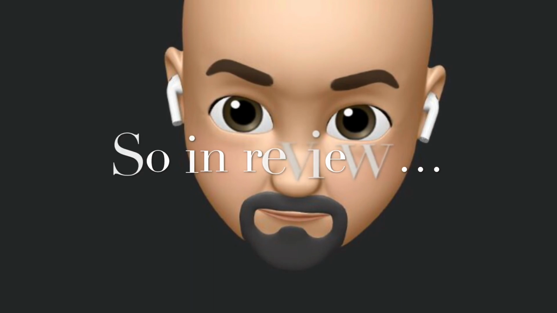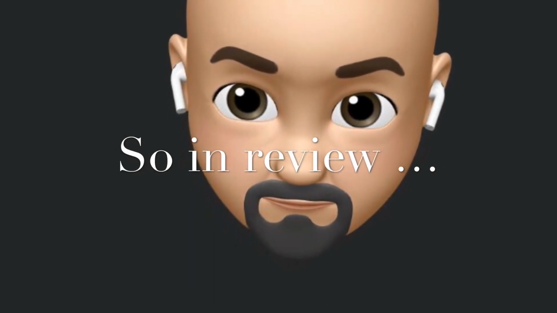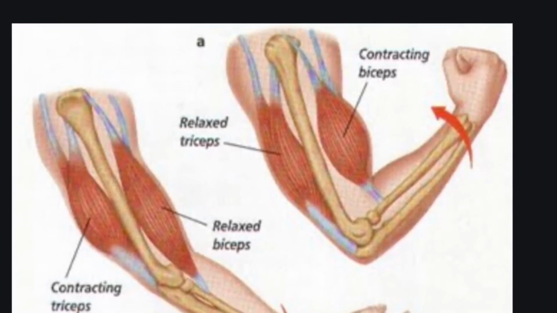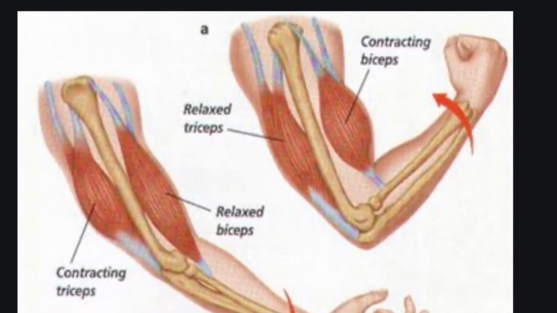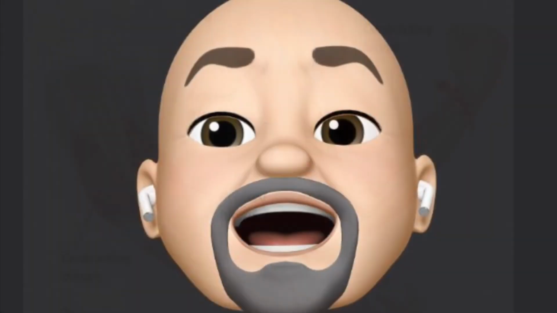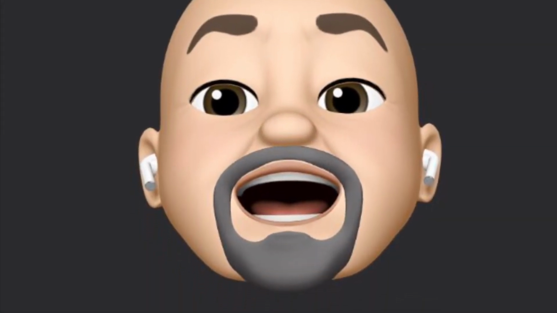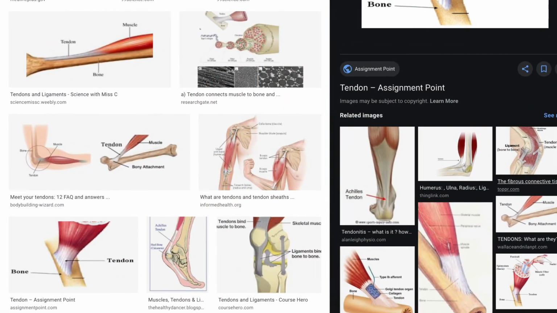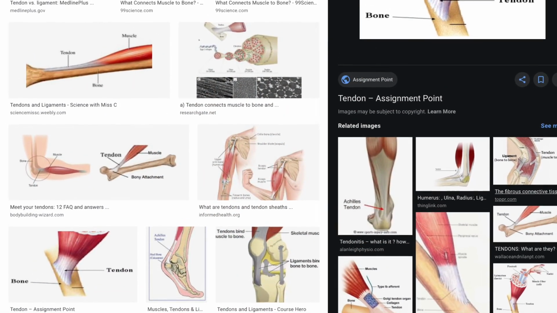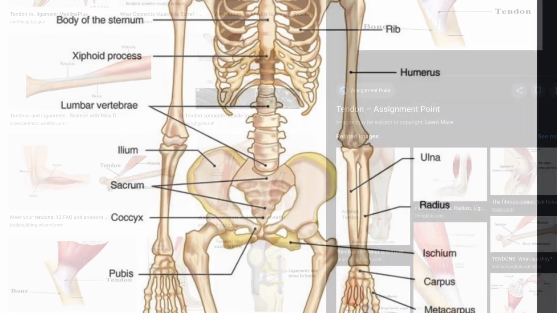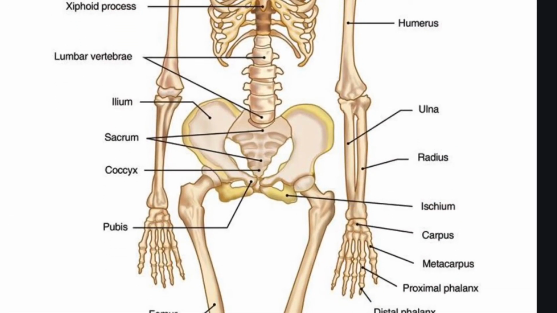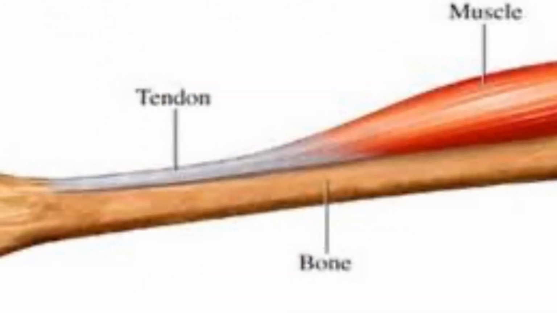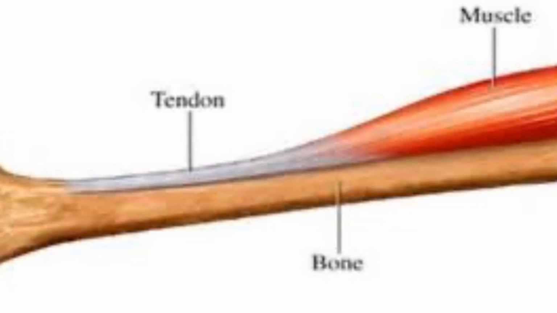So in review, muscles help move the body, and muscles are like rubber bands. They contract and expand. But muscles can't move the body by themselves. Muscles have to be connected to bone. The bones give your body shape, which make up the skeleton. Tendons are the things that connect the muscle to the bone.